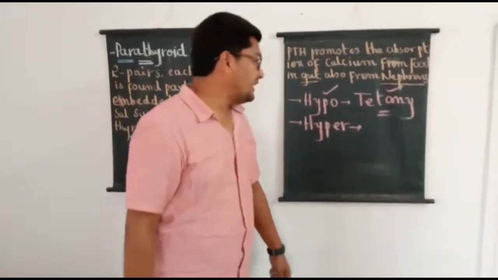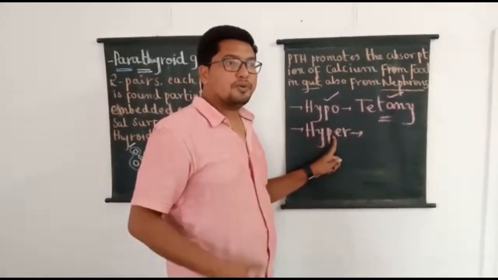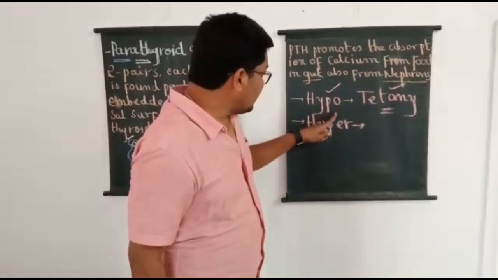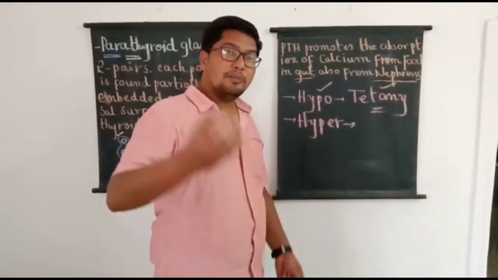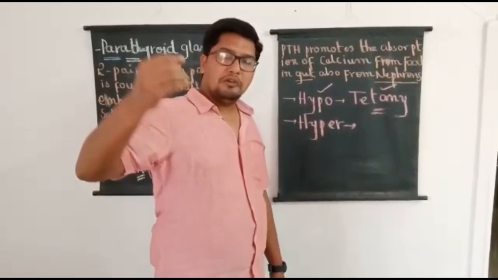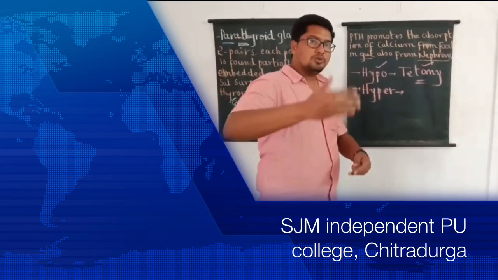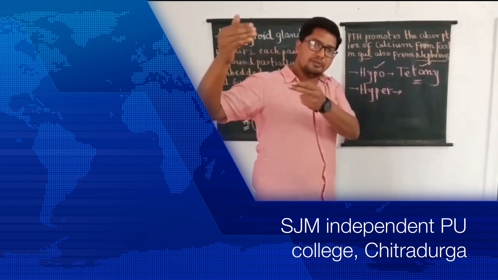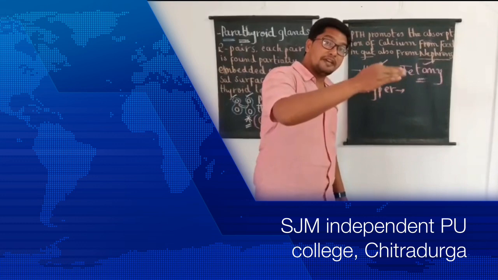hypersecretion. So whenever there is hypersecretion of PTH, it is very clear: when PTH levels of our blood increase more than normal, absorption of calcium from the bone tissue matrix and muscles becomes more. So all this calcium from the bone tissue matrix and muscles is absorbed back into what? ECF and blood.